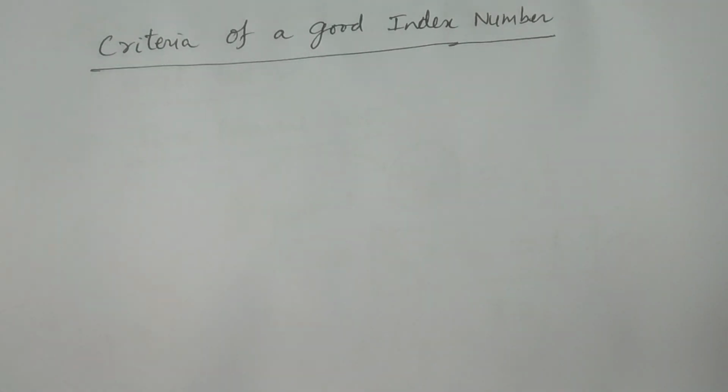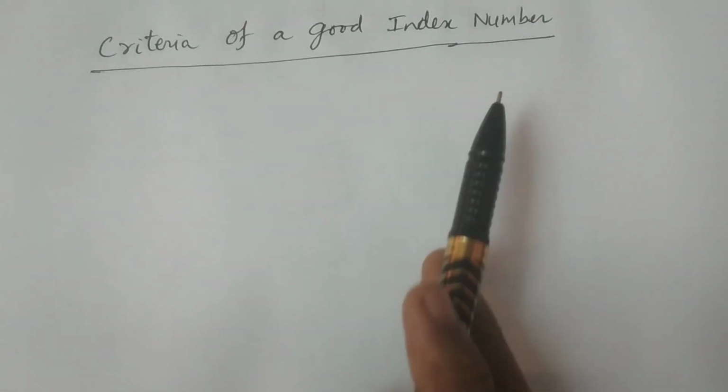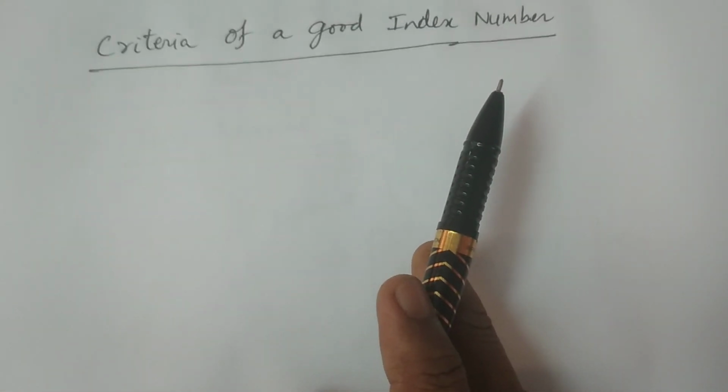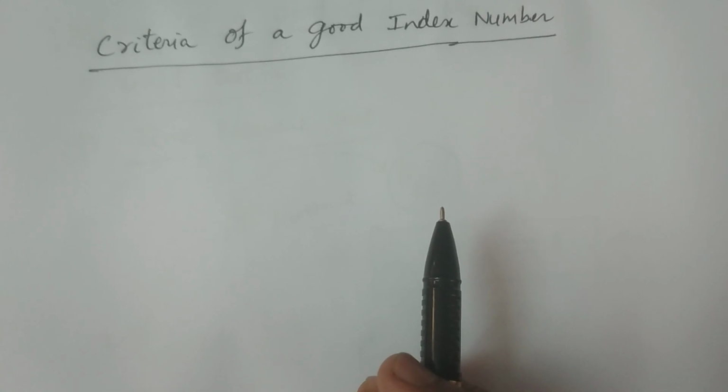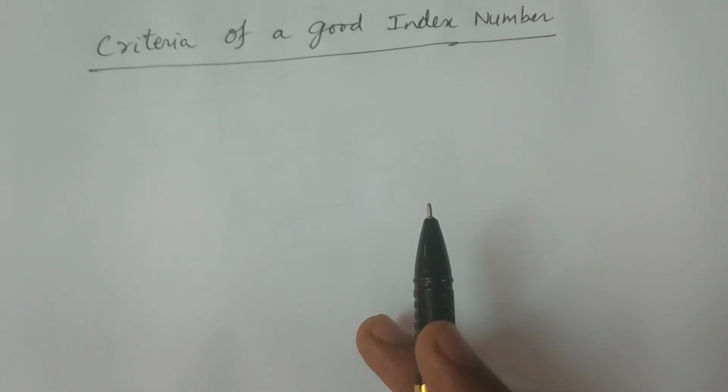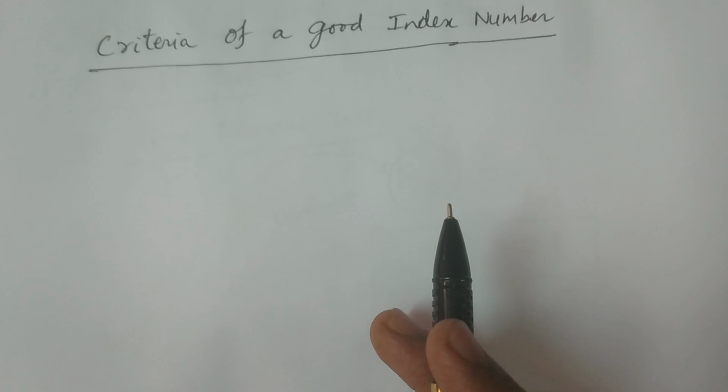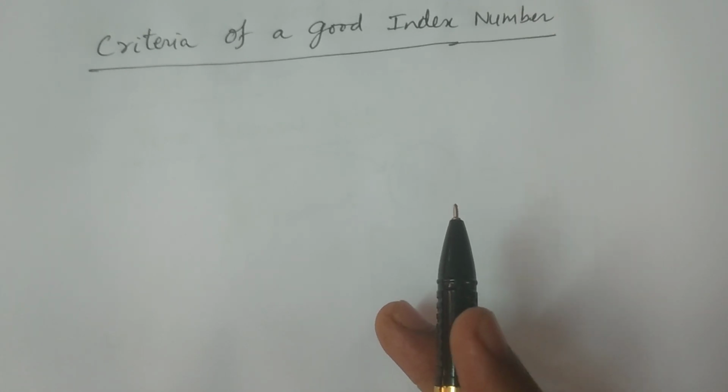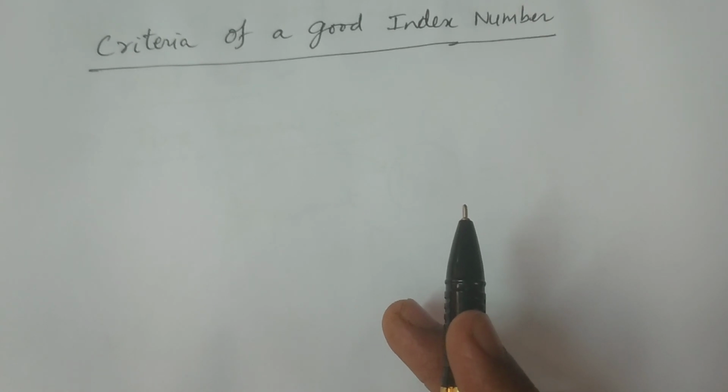In this class, I explain the criteria of a good index number, which means generally an index number reflects the relative changes in a particular variable. It signifies how the relative changes took place in a particular economic variable.